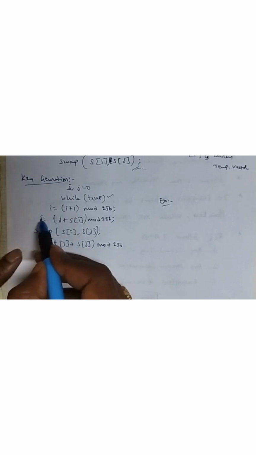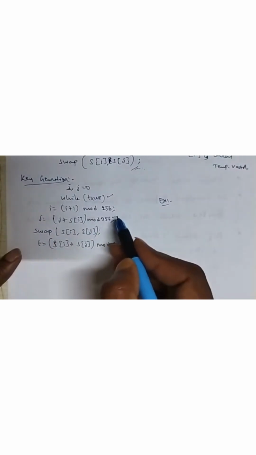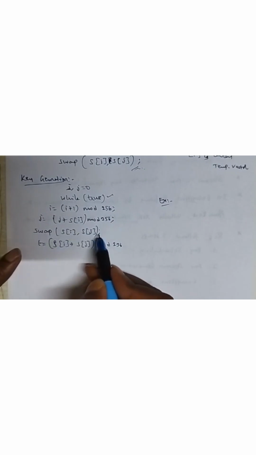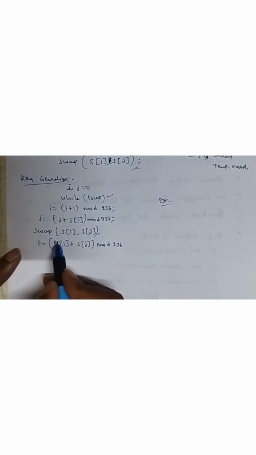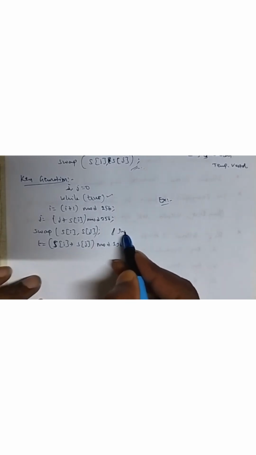And what about the j value here? j equals to j plus S of i mod 256. After every iteration, we have to perform the swap operation S of i, S of j. And what is the t value here? The formula for t equals S of i plus S of j mod 256. After that, we have to perform the swap operation.